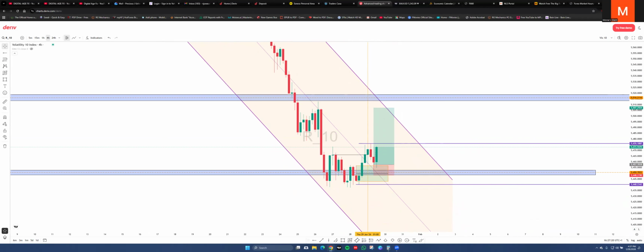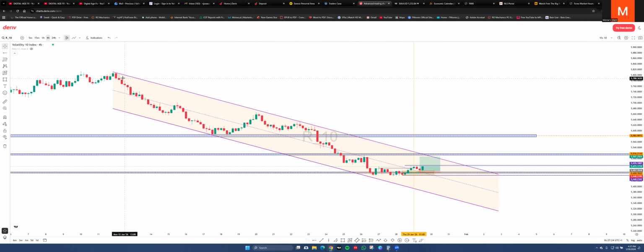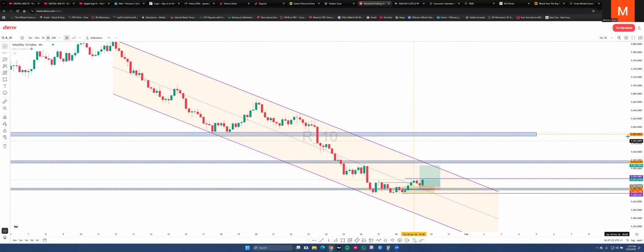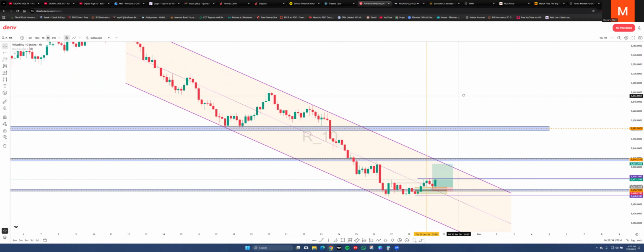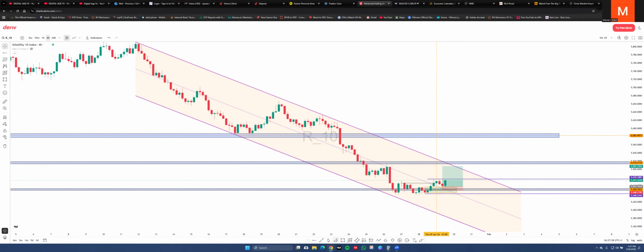One of the reasons I put this trend channel is so you could see the channel in which the market has been consecutively moving. It's also part of my confirmation, because I have to look at the mid-range trend line, the mid area trend line, which is this area here.